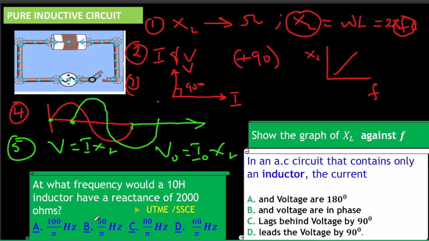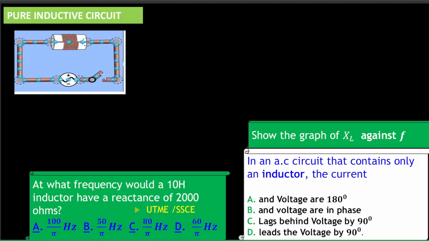This question says, at what frequency would a 10 Henry inductor have a reactance of 2000 ohms? Take note of the formula.